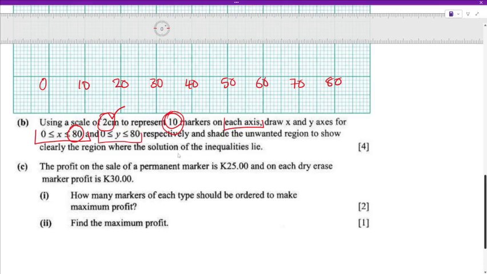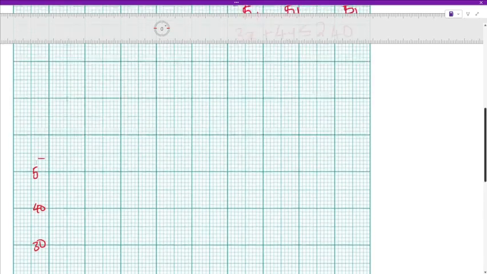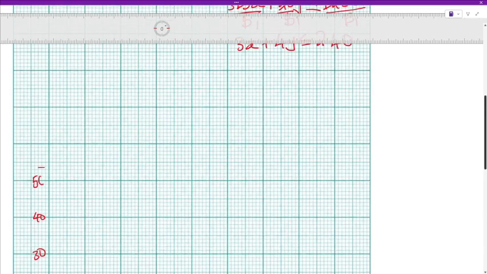We go to the y. The y is also 0 to 80, also 2 centimeters to represent 10 markers. So we're going to have 10 there, 20, 30, 40, 50, 60, 70, 80.